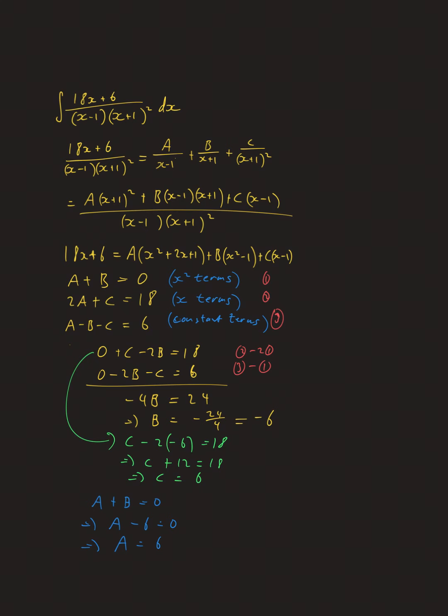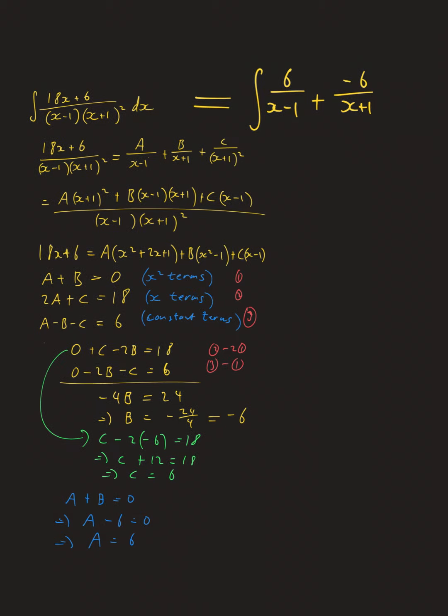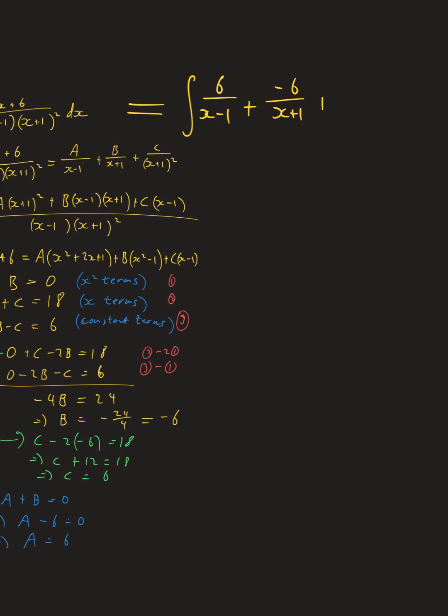So that original integral is equal to the integral of a over x minus 1, which we now know is 6 over x minus 1, plus b over x plus 1, which we now know to be minus 6 over x plus 1, plus c over x plus 1 squared, and we know c is 6. So now I can integrate this.